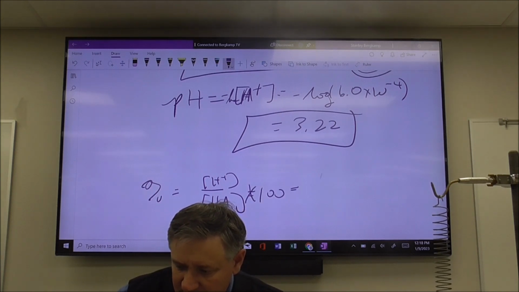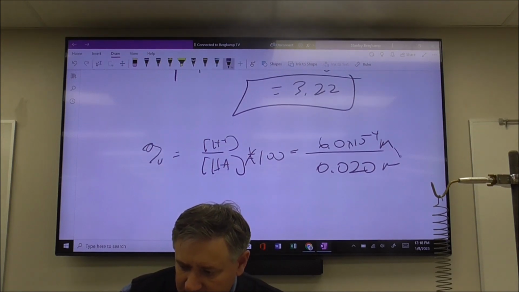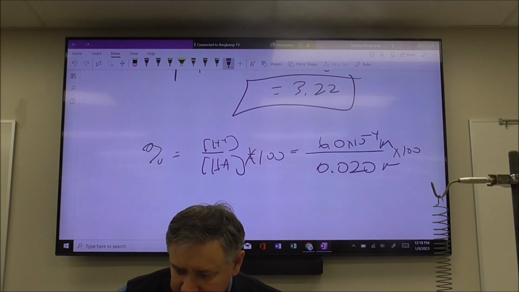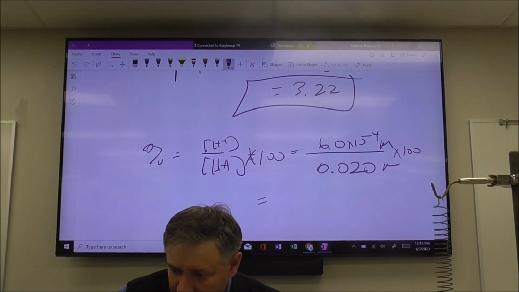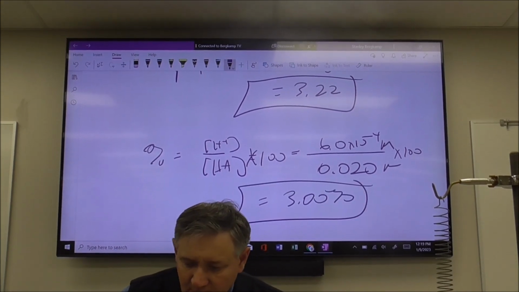So that's going to be 6.0 times 10 to the negative fourth divided by 0.02. Technically, these are molarities. And then you multiply that by 100. So what do you get? 3%. Okay?